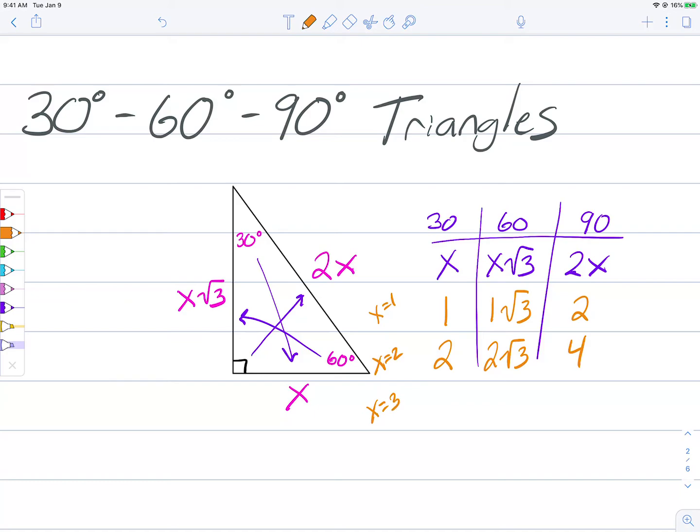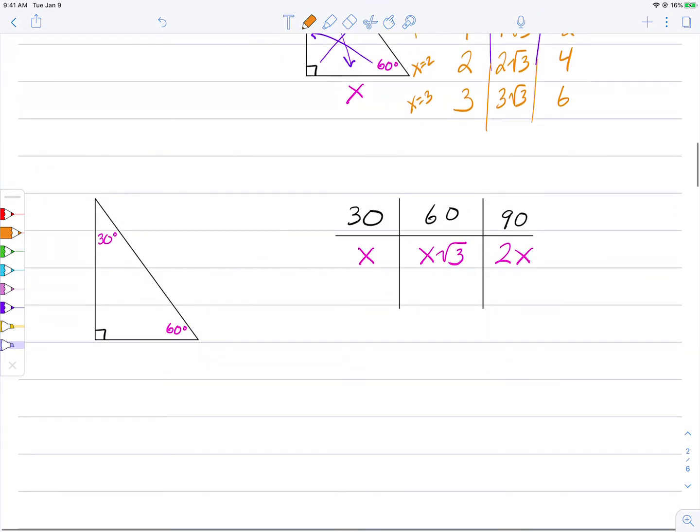Or if I found out it was 3, across from the 30 would be a 3, across from the 60 would be a 3 root 3, and across from the 90 would be 2 times 3, which is 6. So we're trying to, again, figure out what our x value is for a specific 30, 60, 90 triangle. So let's try one.